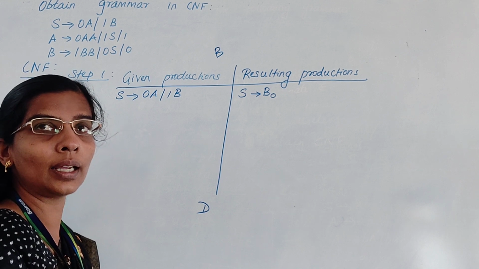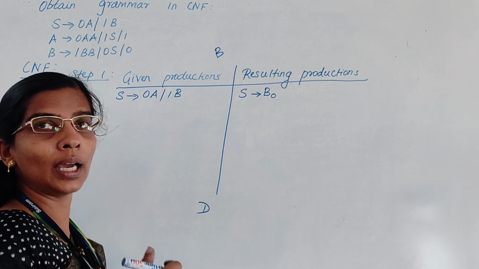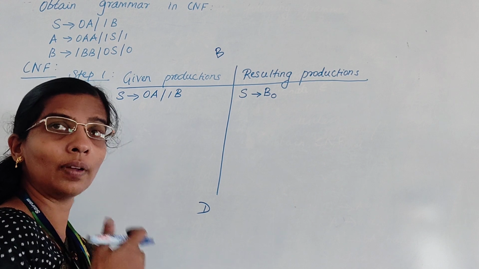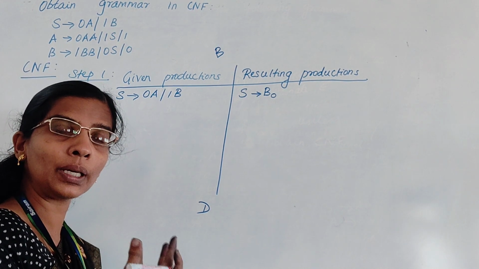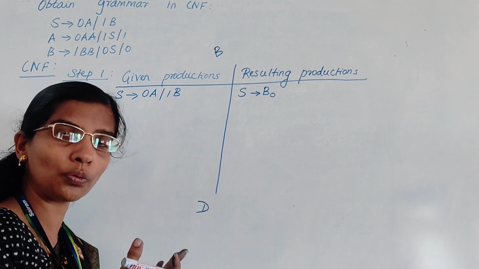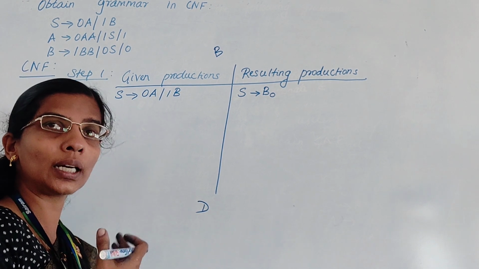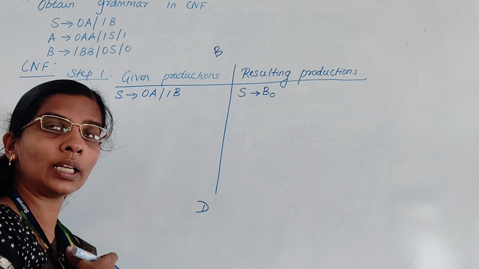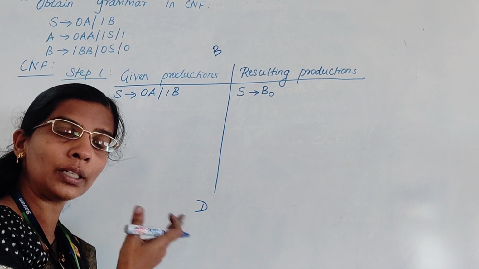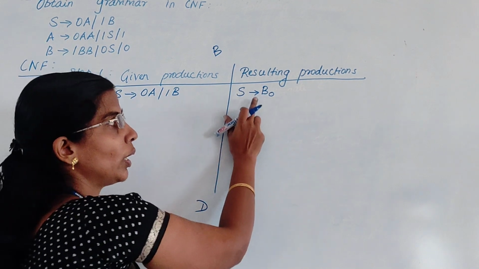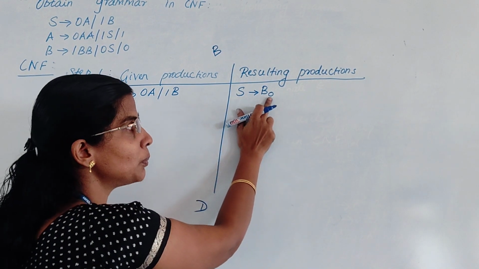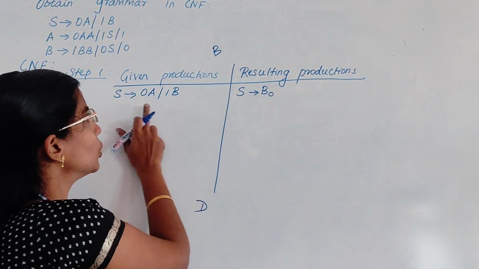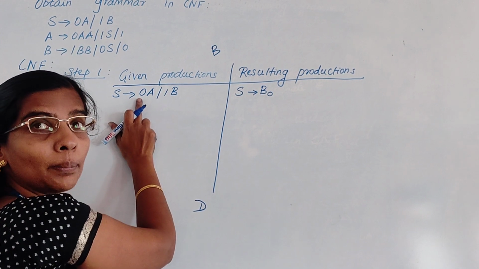I'll tell once again, step 1 is my conversion part. When I have a combination of terminal and non-terminal, I should go for conversion. While converting, I am converting all my terminals into non-terminals. So I am using this non-terminal B and the subscript of this non-terminal should be the terminal which I am converting.